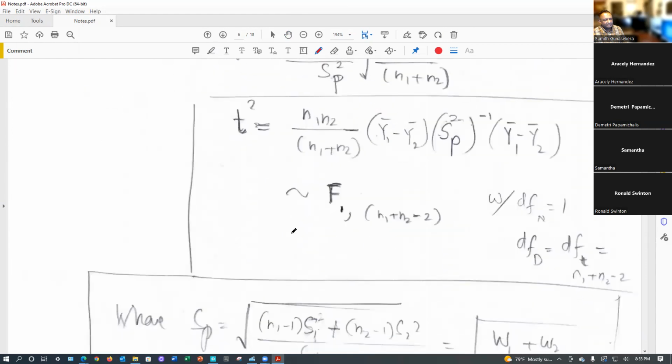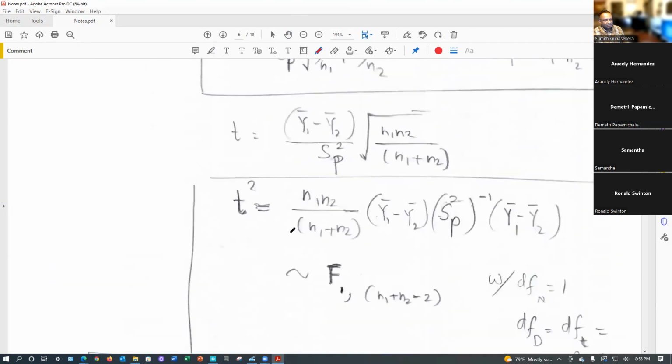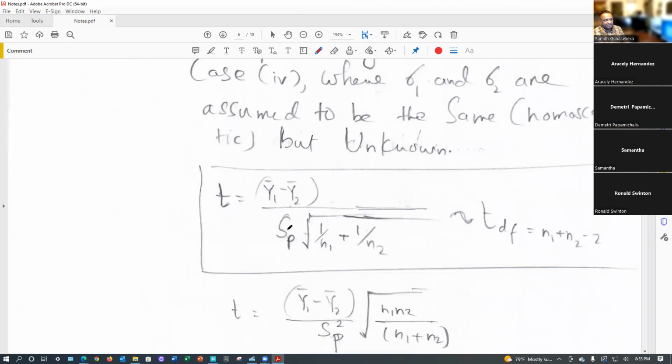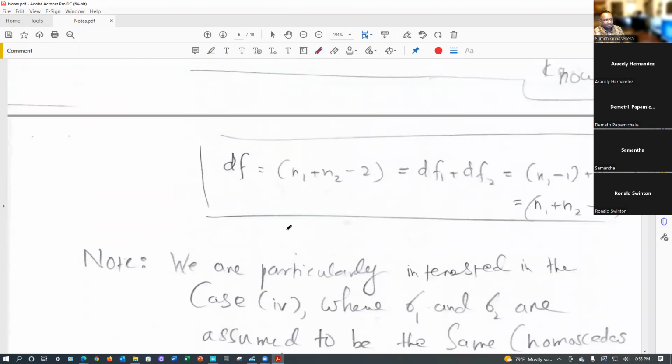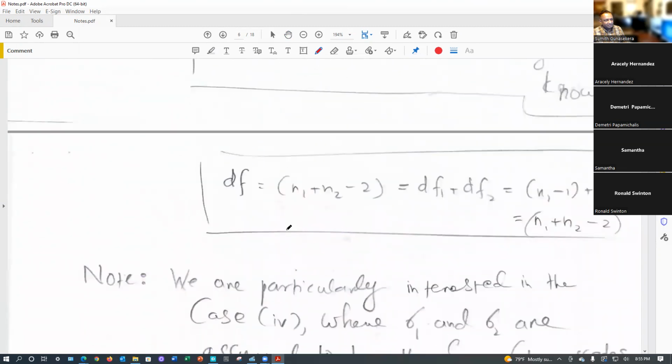I think I missed that one again. That's okay. So that page didn't come again. It got stuck, I think. Hold on.